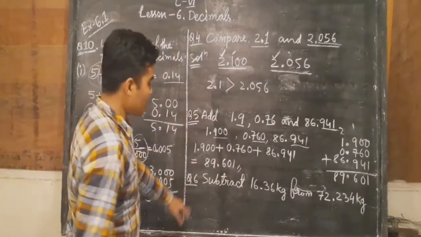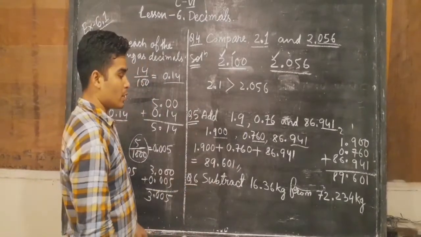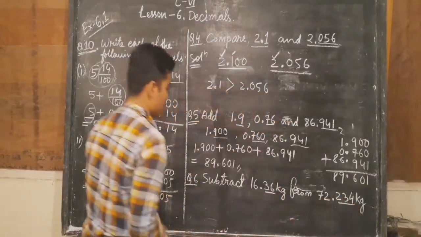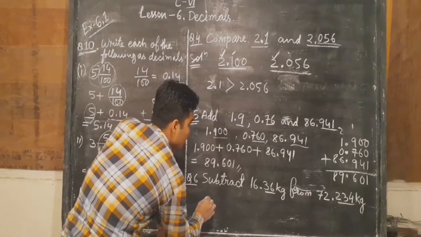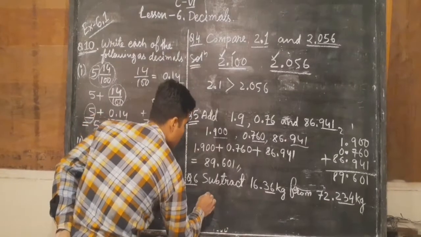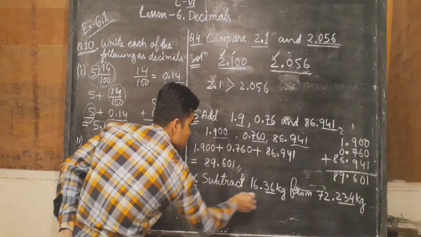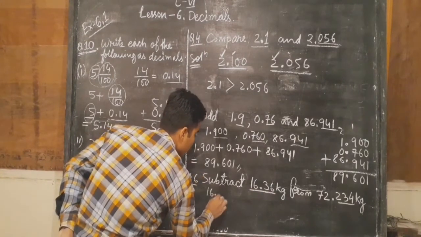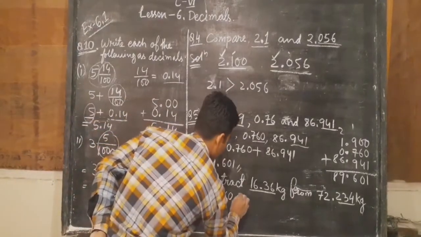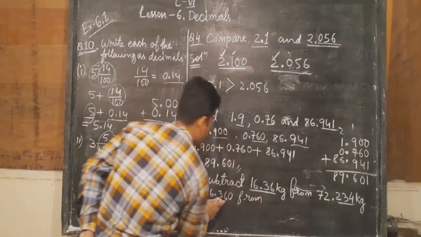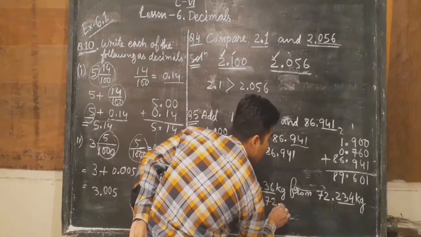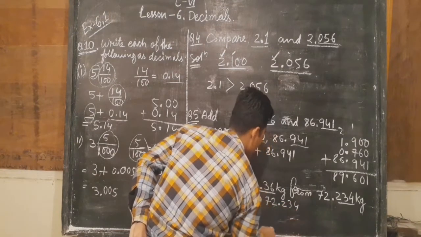Now for subtracting decimal numbers also we have to make them like decimals first. You can see here is 2 decimal places, but here is 3 decimal places. First we will make them like decimals by putting 0. So we put a 0 like this, and I have to subtract this number from 72.234.